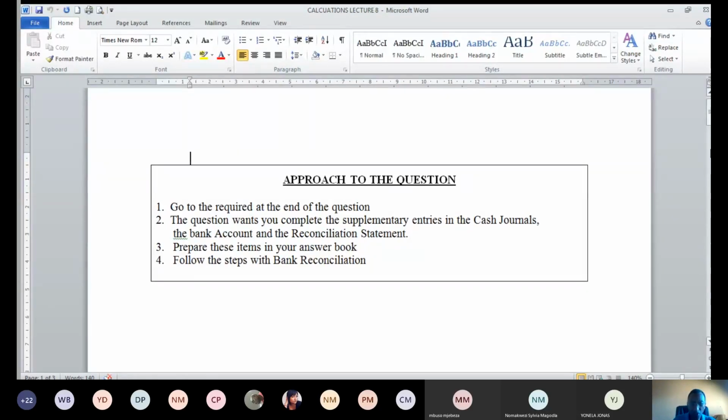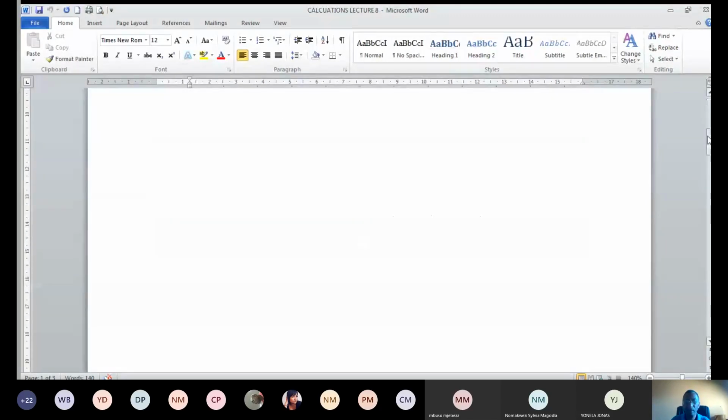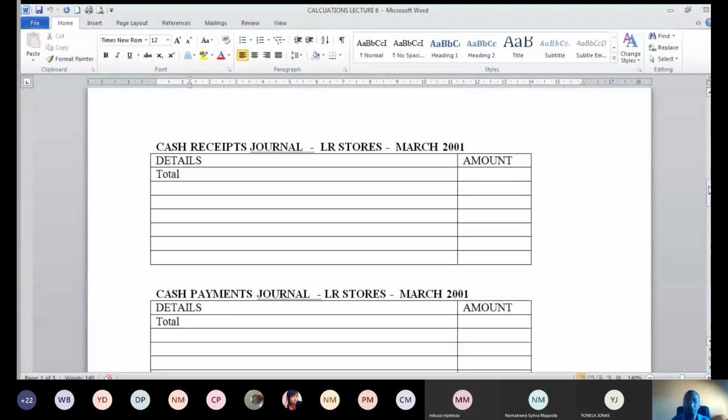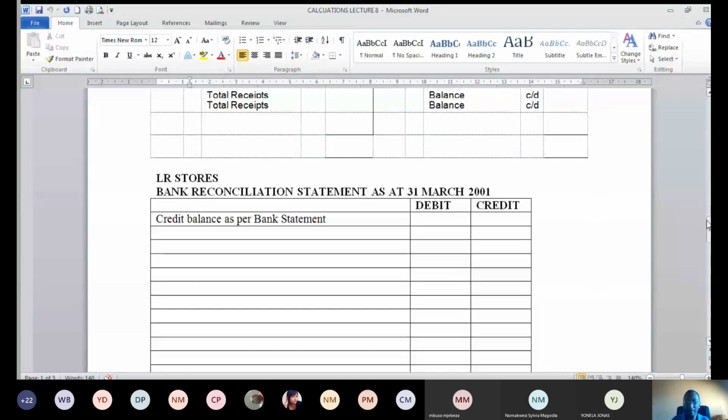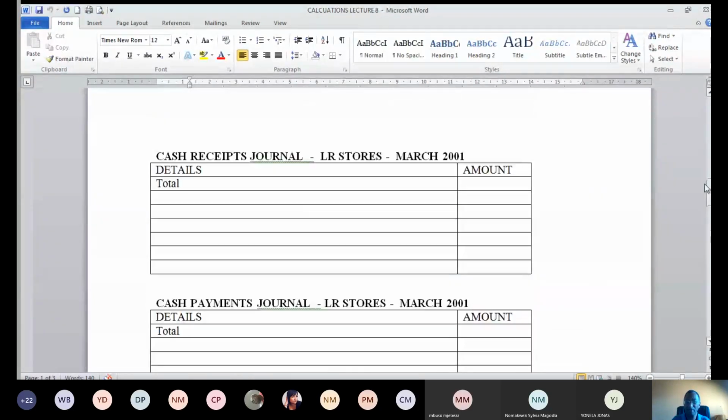So the question wants you to complete the supplementary entries in the journals, you must do the bank account and you must do the bank reconciliation statement. Prepare the items in your answer book and then you follow the steps with bank reconciliation. Right, so you must do a cash receipts journal, a cash payments journal, a bank account, and a bank reconciliation statement.